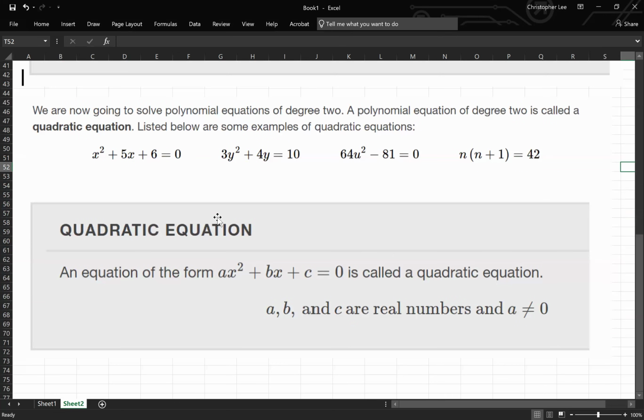A quadratic equation is an equation of the form ax squared plus bx plus c is equal to 0. A, B, and C are real numbers, and A cannot equal 0. That's important, right? So we're going to talk about how to solve those.